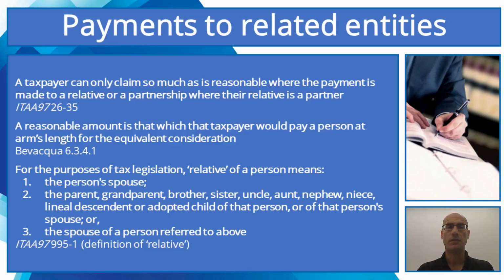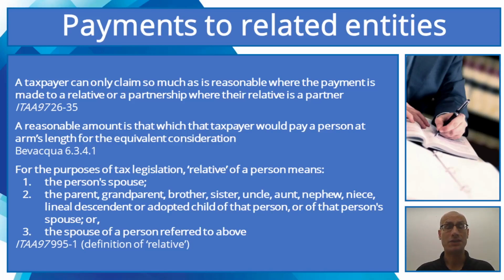So as such, the payments to related entities rules expressly disallow the excess, so that if you are paying a related person or relative, or a partnership where your relative is one of the partners, you can only claim so much as is reasonable in regards to those payments. So you can pay whatever you like, but you can only get as a tax deduction a reasonable amount.